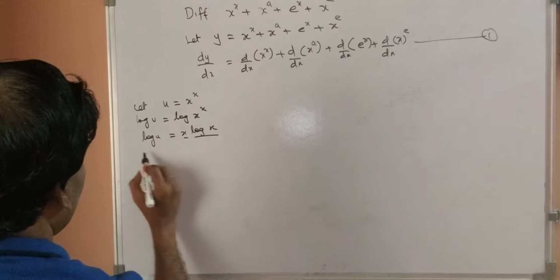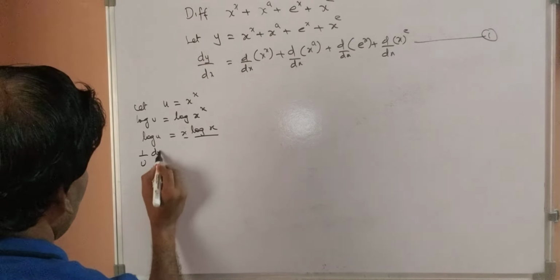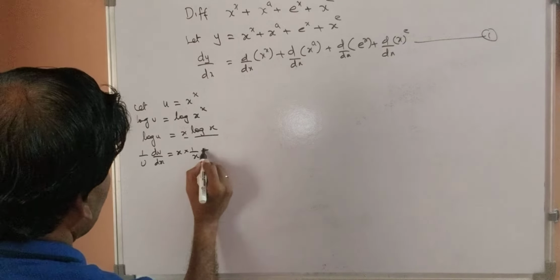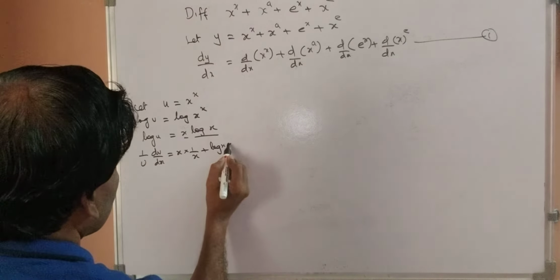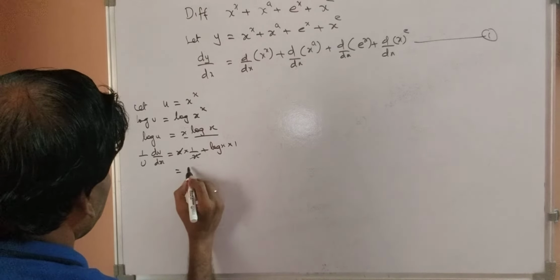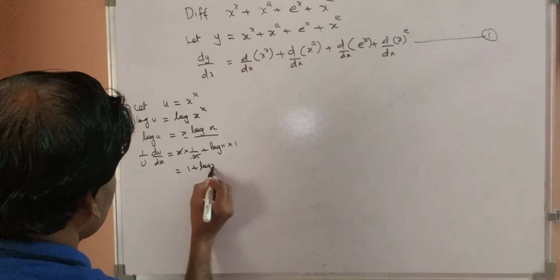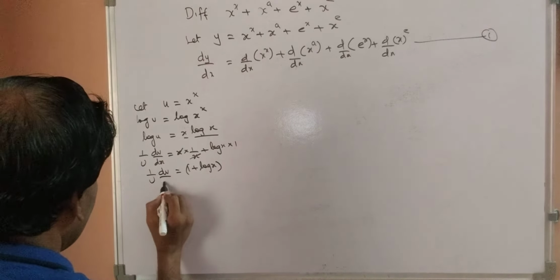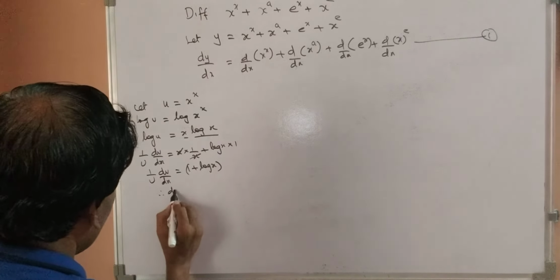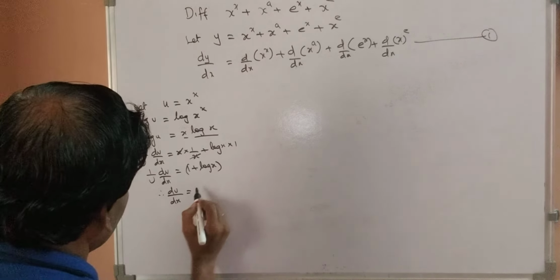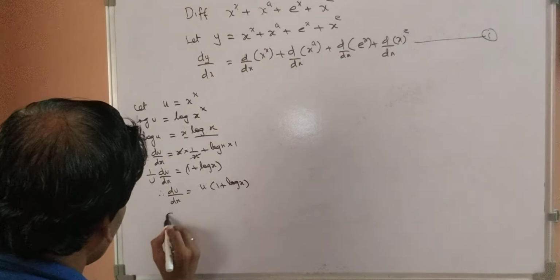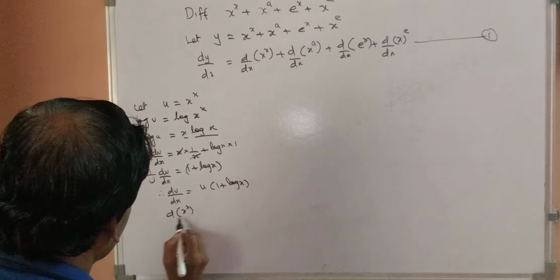So u into v: 1 by u du by dx equals x into 1 by x plus log x into 1. The same sum I am repeating, 1 plus log x. Therefore du by dx equals u into 1 plus log x. So what is u? x raised to x.